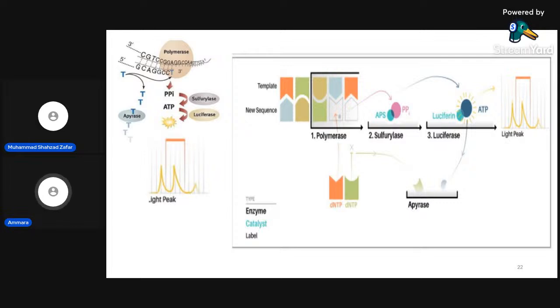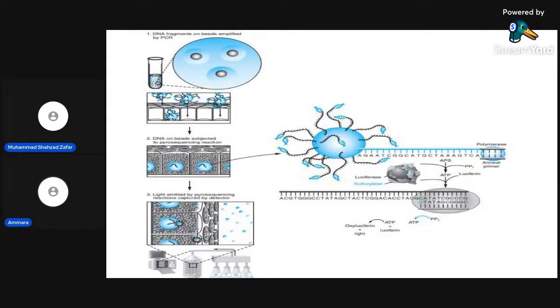When pyrophosphate is released from the attachment of dNTPs, that will generate ATP, and generation of ATP releases light, and that light is used to detect our sequence of DNA. So this figure is also explaining the phenomenon of the pyrosequencing approach.